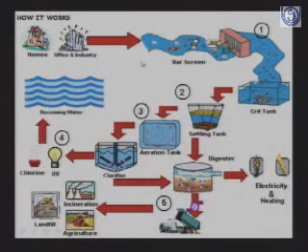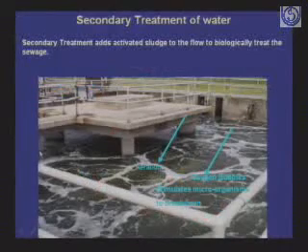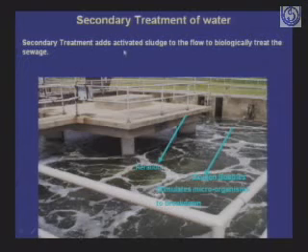Now this is just a pictorial view. In case of the primary treatment, the water is held in the sedimentation tanks and the sediments, suspended impurities, are allowed to settle down in the settling tank, then finally it is aerated, clarified and then disinfected with chlorine or with UV. This is how secondary treatment of water takes place.